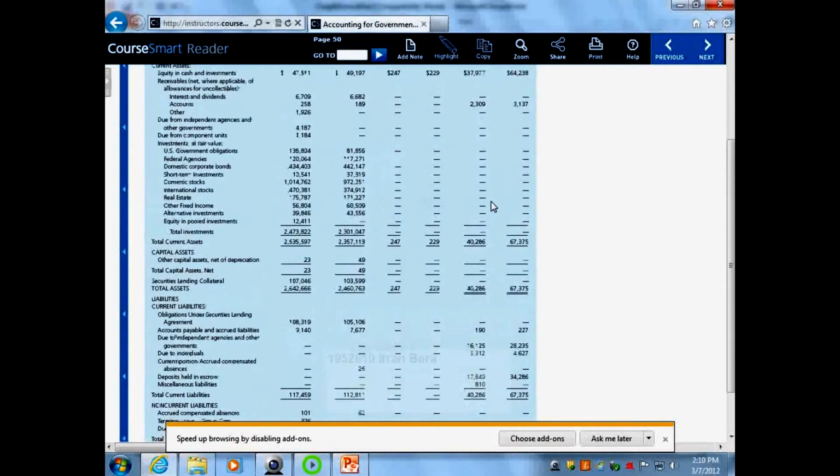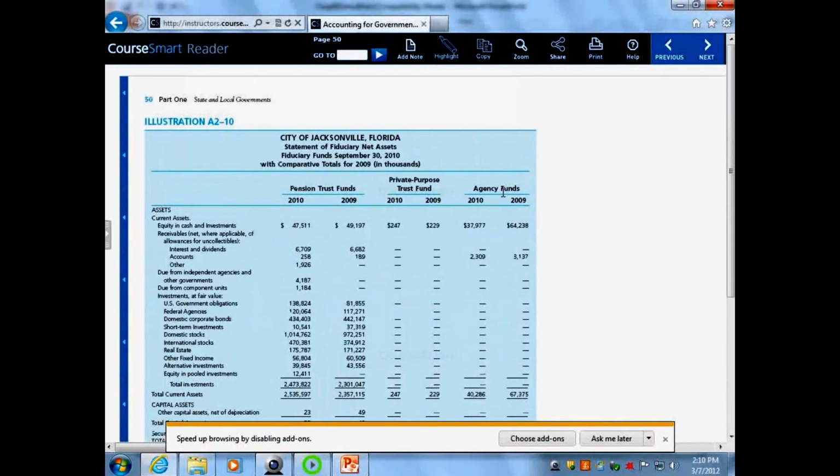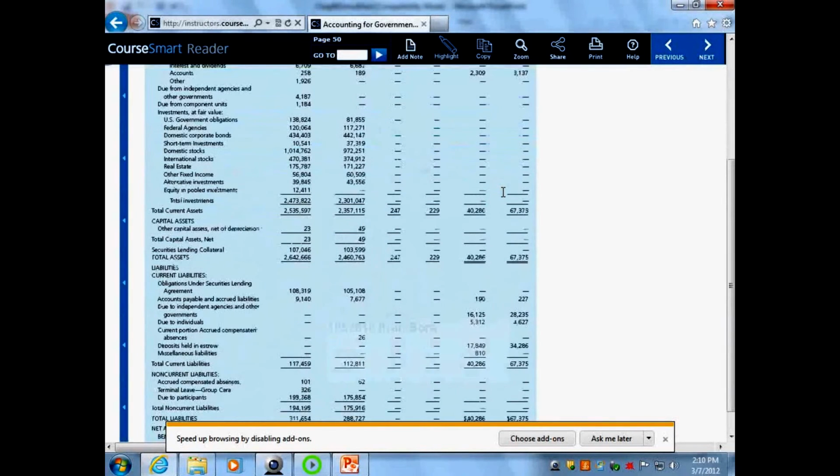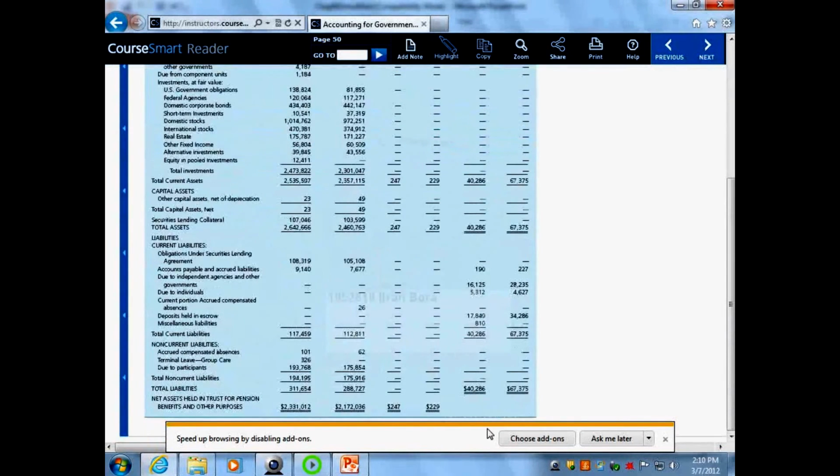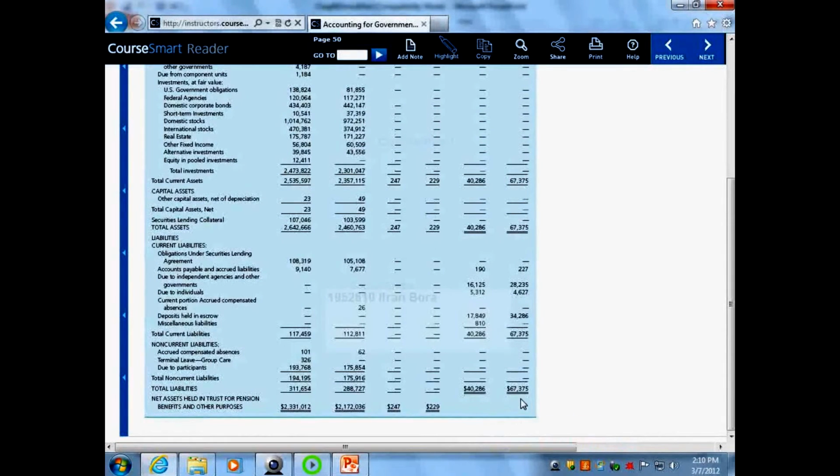That's one of the things that you'll notice. The other thing you notice is go to the last column, agency funds, and you go down, you see the assets, you see the liabilities. What's here? Nothing. Agency funds are a student's dream because there's nothing to do. Assets equal liabilities.